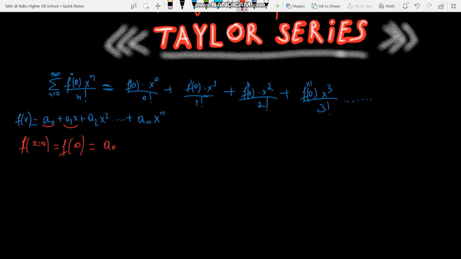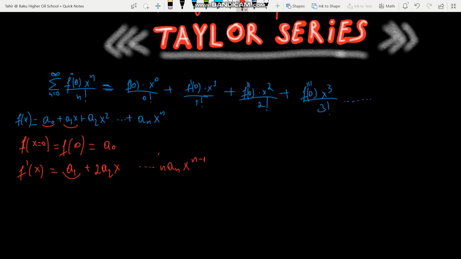Thinking a little bit, we can see that the first order derivative of f with respect to x will be equal to, a0 is a constant term, therefore it will be cancelled out, and then a1 plus 2a2x plus it will continue, and n a n x to the power n minus 1. And here we got the a1 term separately from the x variable.